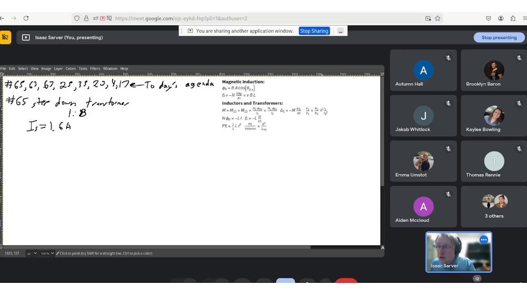Alright, so right here are the equations we need. We're stepping down from V primary over V secondary in the ratio. Secondary needs to be down by a factor of 8, so primary is 8 to 1.